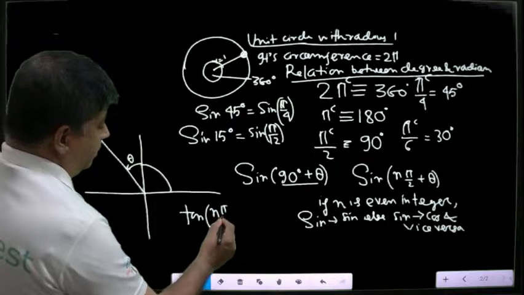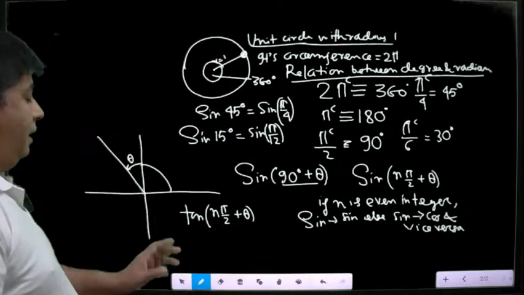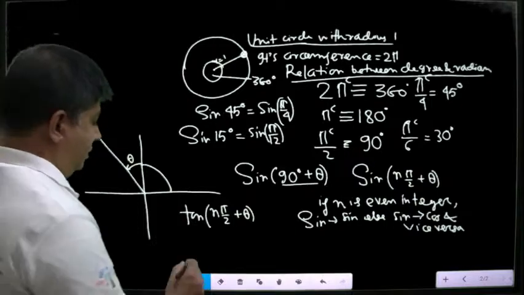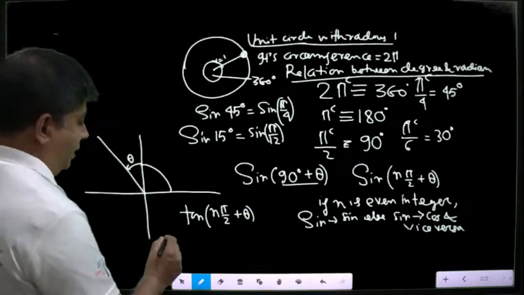Similarly, in case of tan of n pi by 2 plus theta, the same concept will be applicable here.